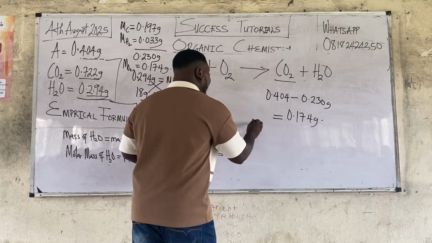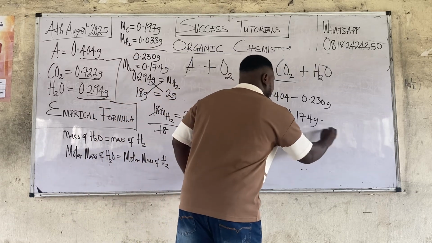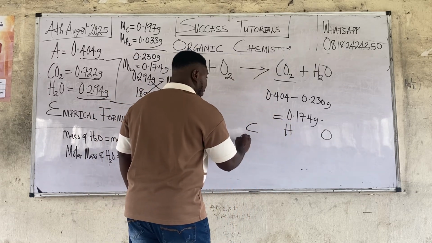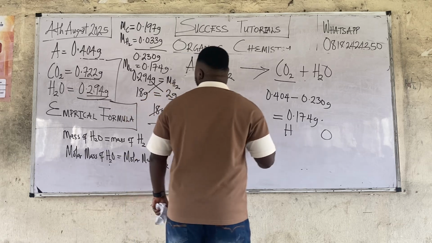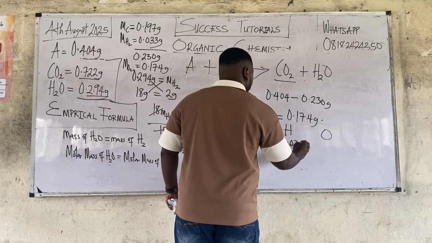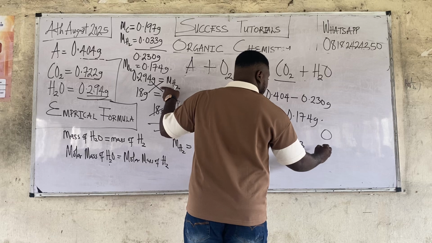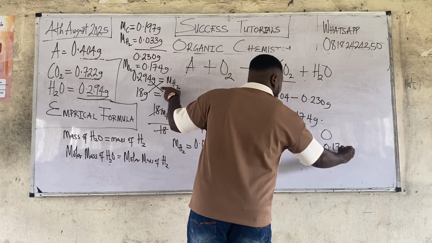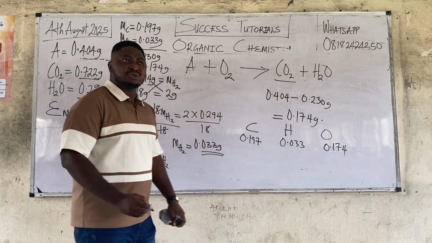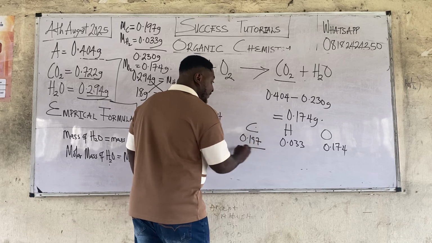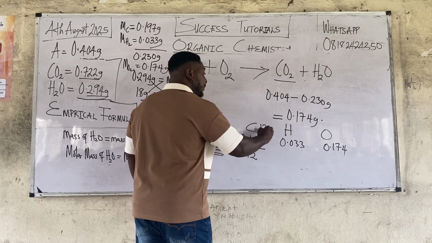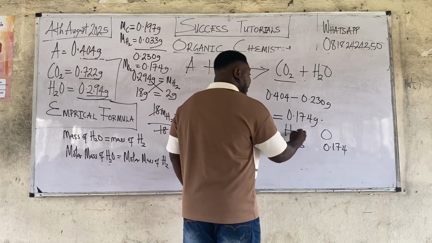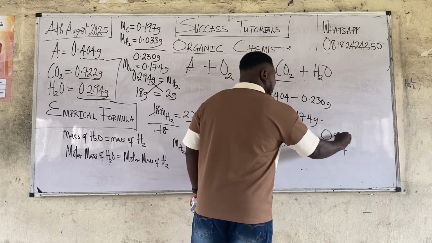Now we have gotten carbon, hydrogen, oxygen. Carbon is 0.197. Hydrogen is 0.033. Oxygen is 0.174. What we need to do now is to divide by the atomic mass. The atomic mass of carbon is 12 grams, remember? Hydrogen is only 1 atom, so it's 1 gram. Oxygen is 16.